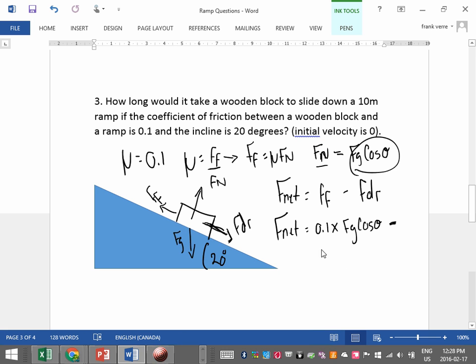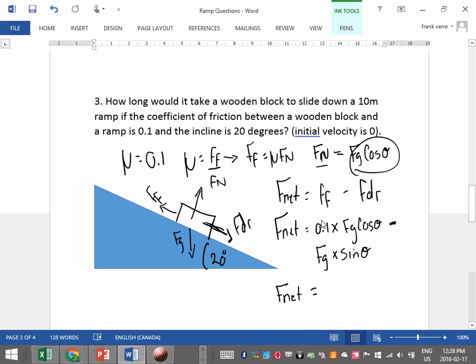How do we define that one? Fg what? Times sine theta, right? Okay. So the net force is what? Now you're like, okay, I didn't give you the mass of the block. Do you think we're going to need it though? What do you think? Think we need it? We'll find out. Let's see if we need it in the end, okay?